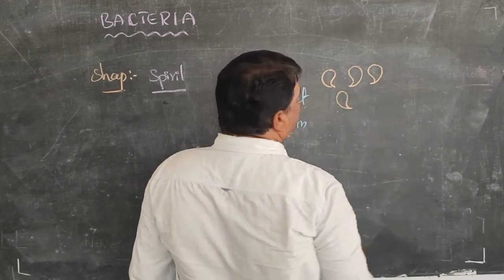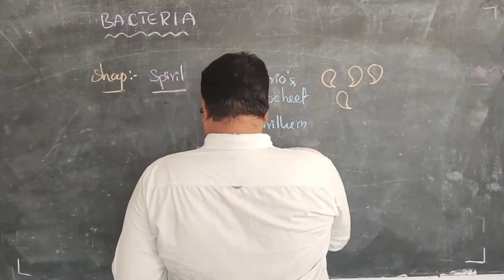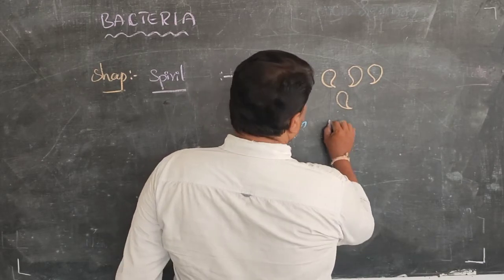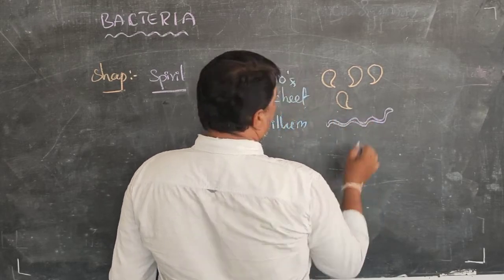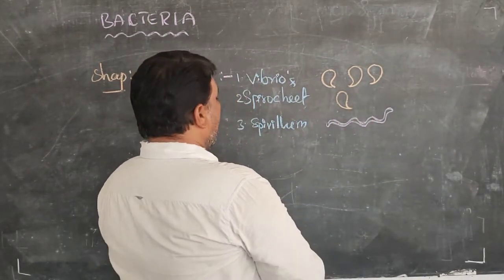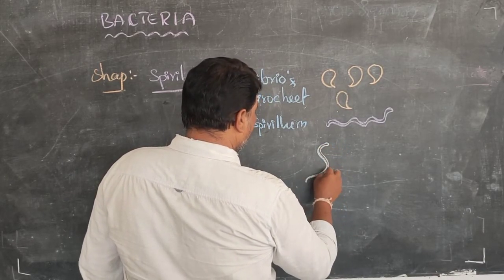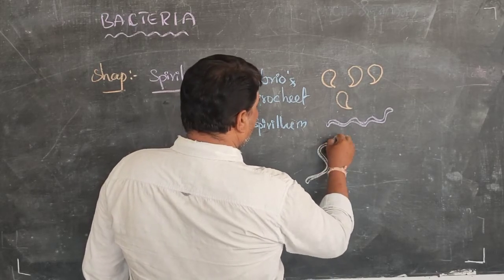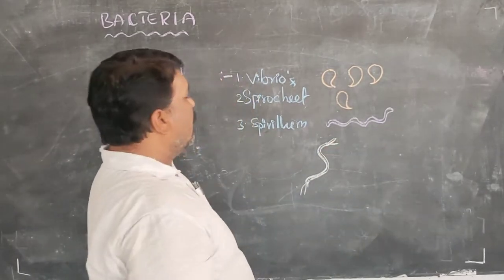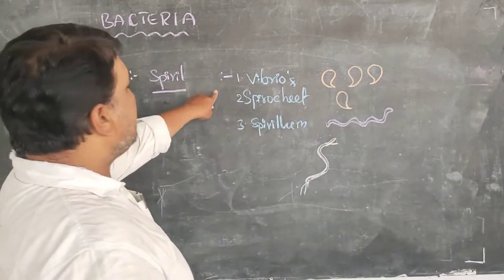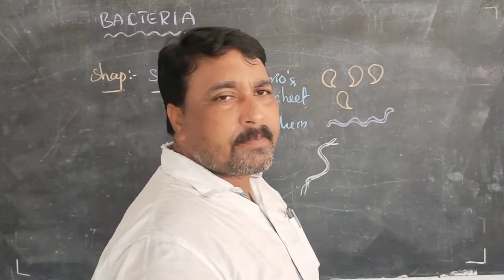That is vibrios. The spirochetes have more twists. The spirillum. These are spiral: vibrios, spirochete, spirillum.